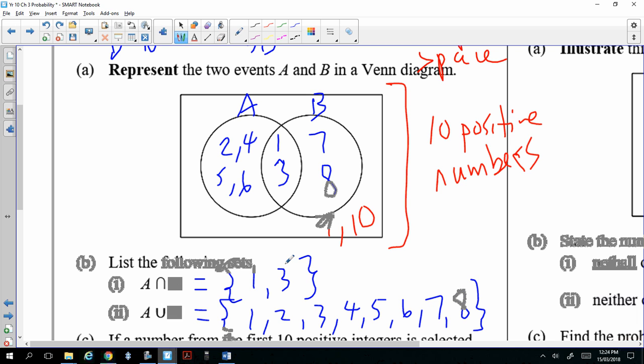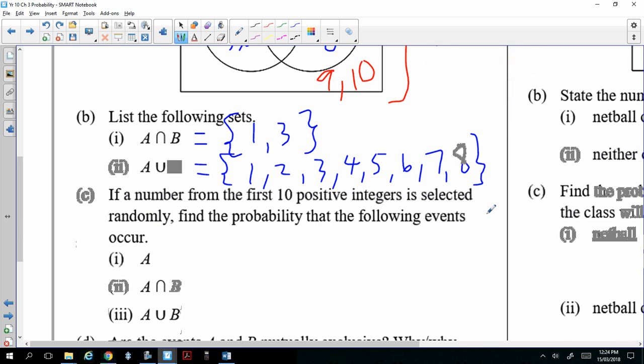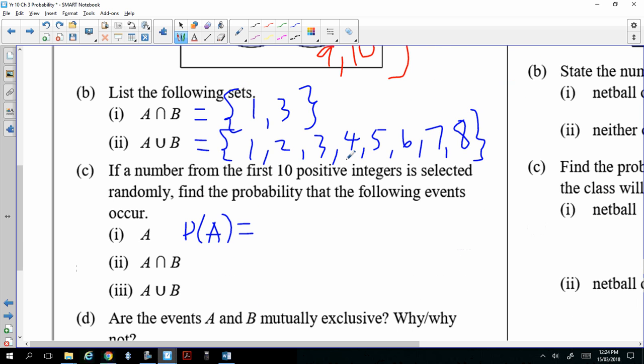Let's start with the first one, probability of A. Well, how many elements are there? 1, 2, 3, 4, 5, 6. 6 elements in A out of 10 integers, which is 3 out of 5. How about the probability of A and B?